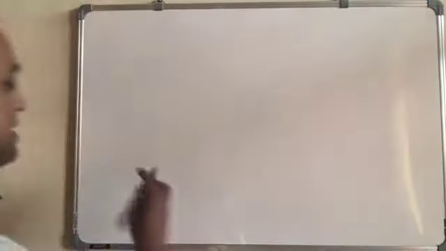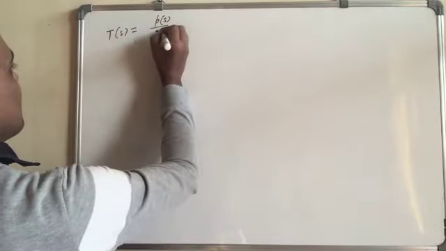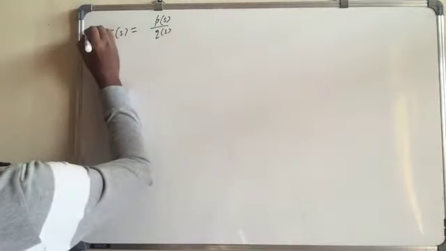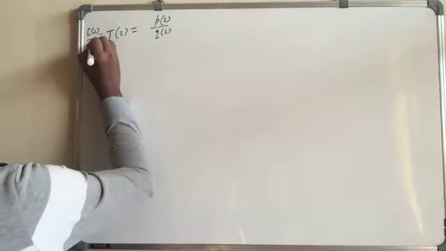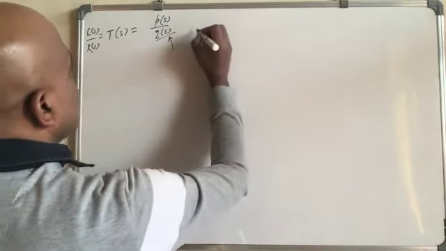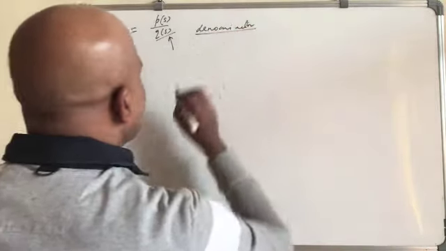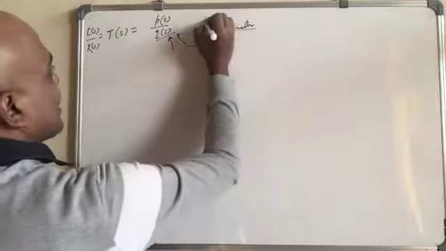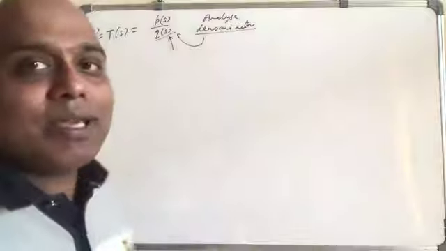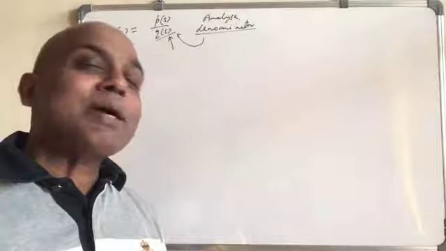In any case, what we see here is a transfer function of the form P(s) over Q(s), let us say the whole transfer function, which is equal to C(s) over R(s). Then the denominator becomes very important. You can analyze the denominator and find some characteristics.